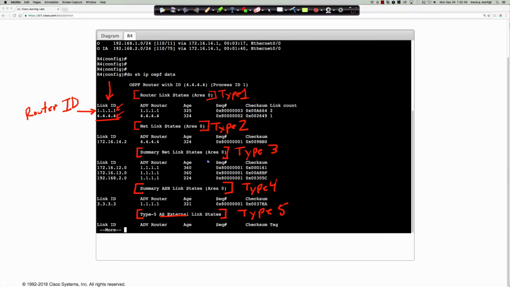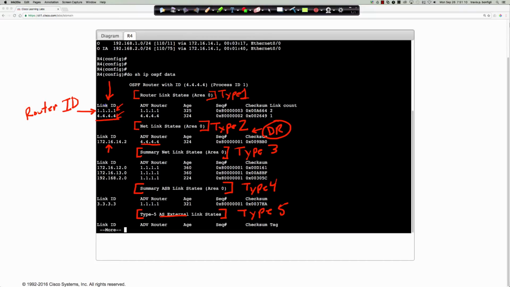When we look at those type 3s, I'm sorry, we've got to go back to the type 2s. When we look at the type 2s, you can see we only have a single entry here. Now the DR, right, the designated router is what is generating the type 2 LSAs. So you can see the advertising router is 4.4.4.4. Well, then that begs the question, the link state ID.